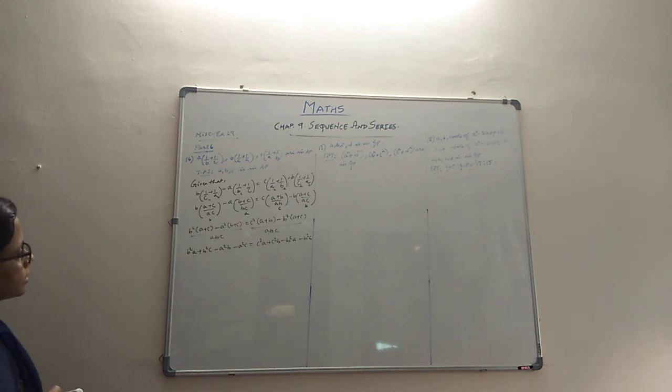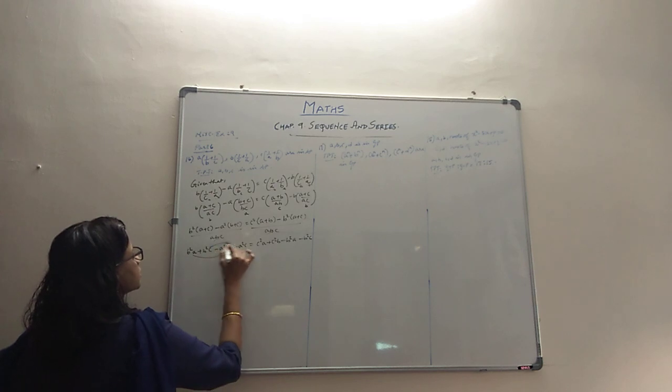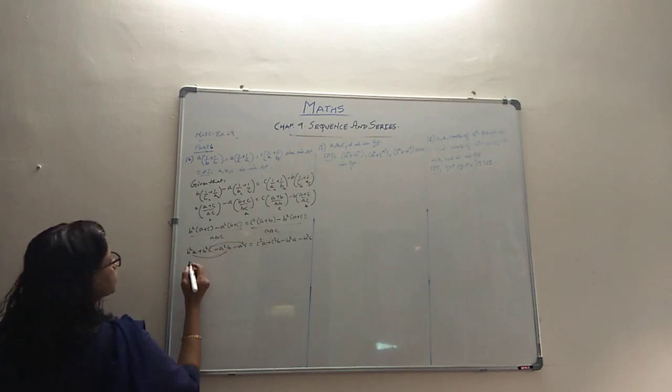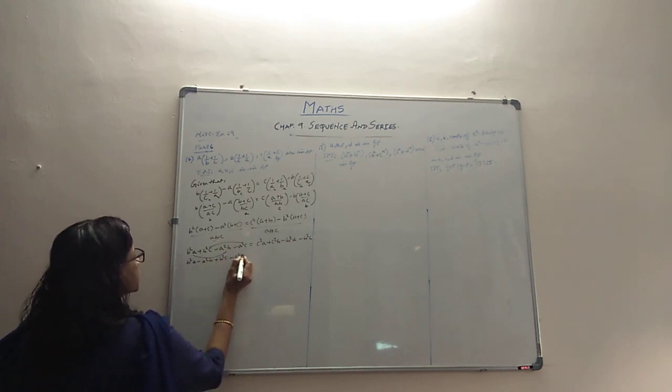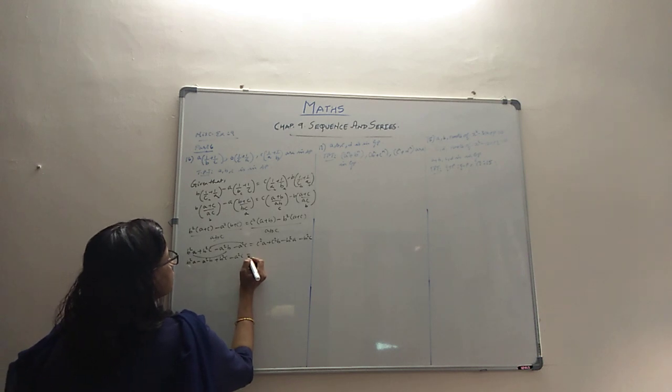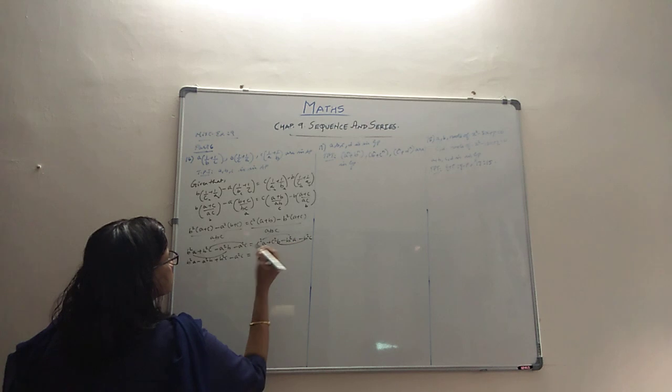Then in that case we need to club some terms. What to club? Maybe these. Let's see whether it will work or not. B squared minus A squared, minus B squared C minus A squared C. Then same way, maybe these two, I don't know whether it will work or not.